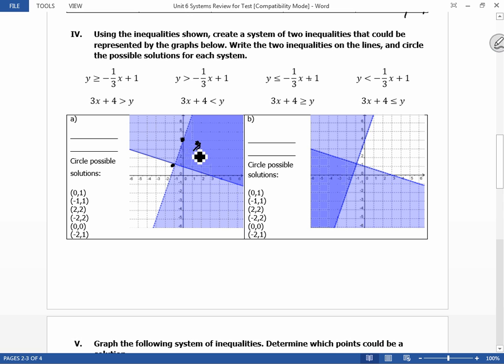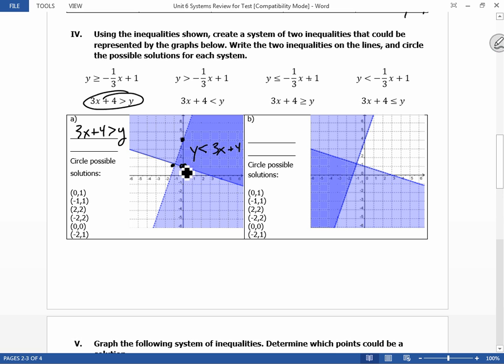So I know my equation is y equals 3x plus 4. And if we look at it, we're shading down, so it's y is less than. Problem is none of the equations are written in that form. Oh, okay. So y, and it's a dotted line, so y is less than 3x plus 4. So there we go. 3x plus 4 is greater than y.